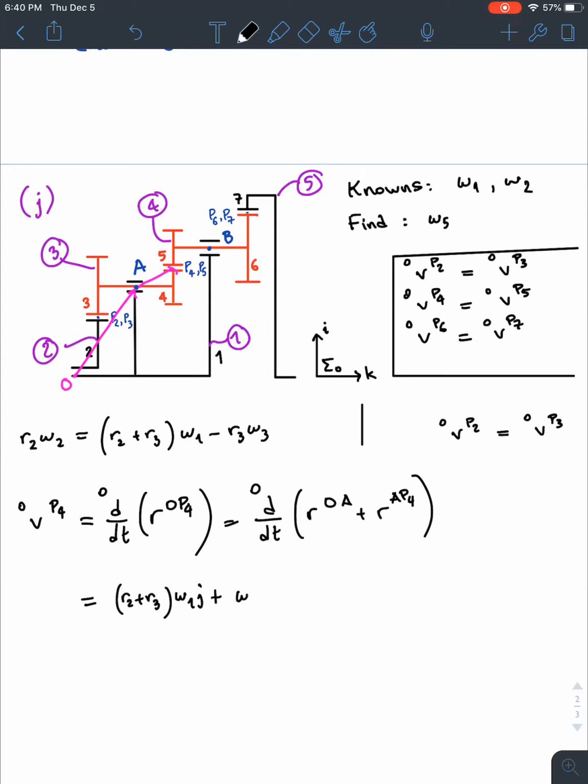So this is going to be omega 3 k cross R4 in the i direction. So the result is R2 plus R3 times omega 1, plus R4 times omega 3, all in the j direction.